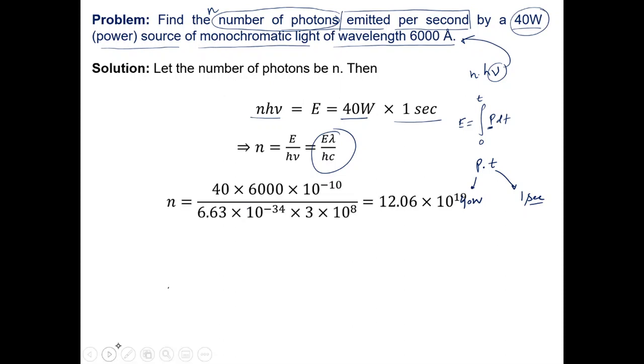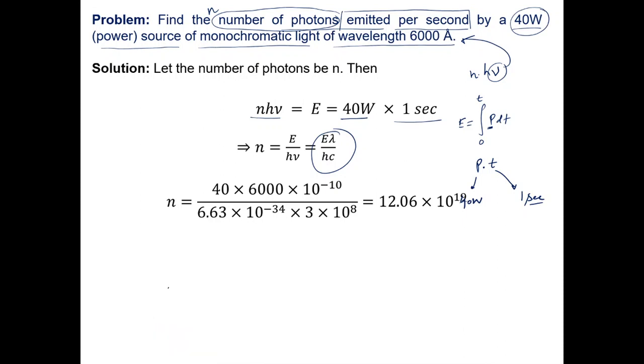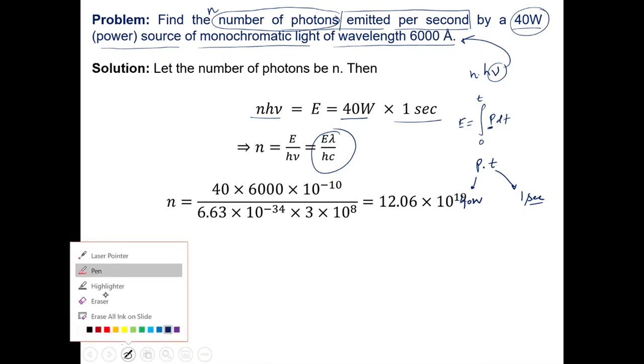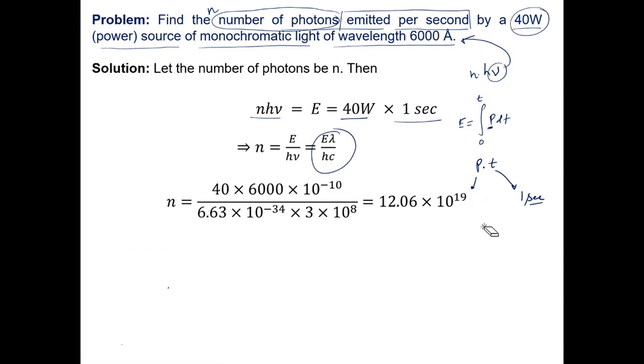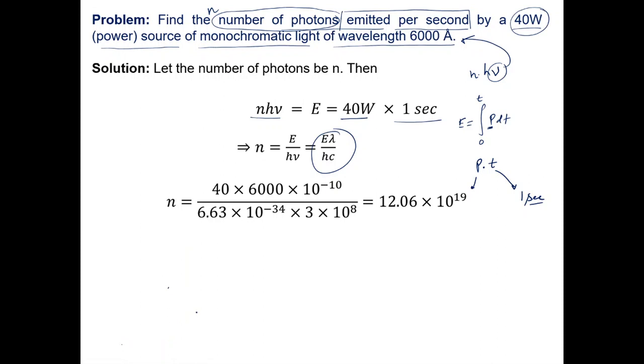So you feed all the numbers, and what you get is in 1 second the source will emit 12.06 into 10 power minus 19 number of photons.